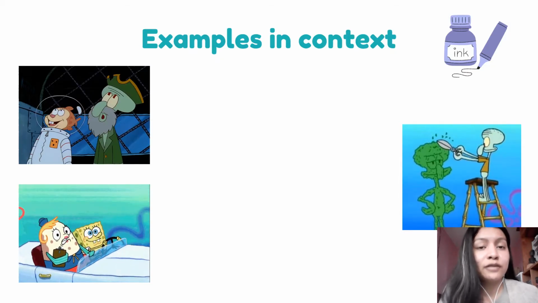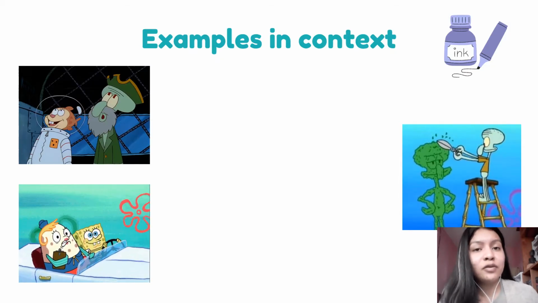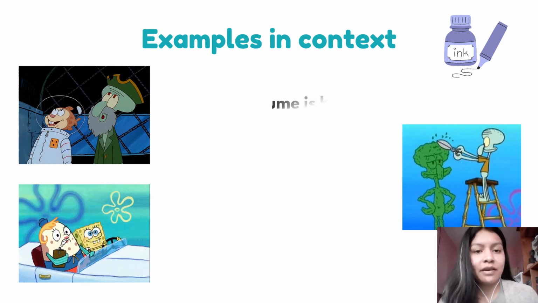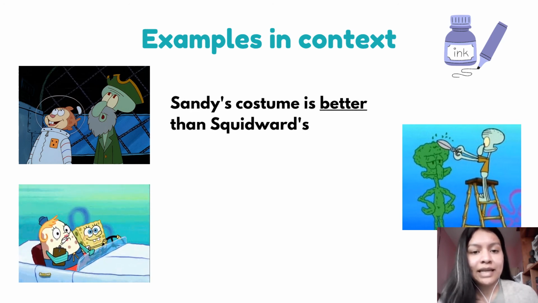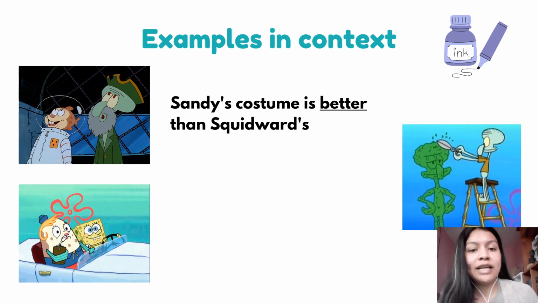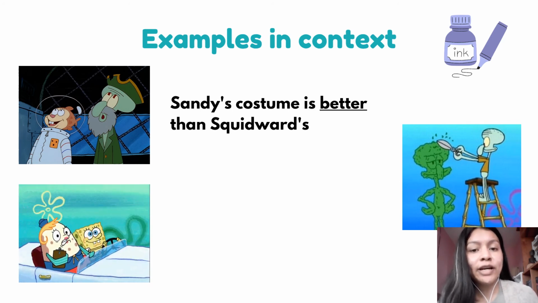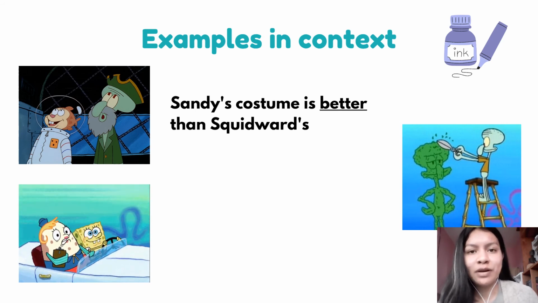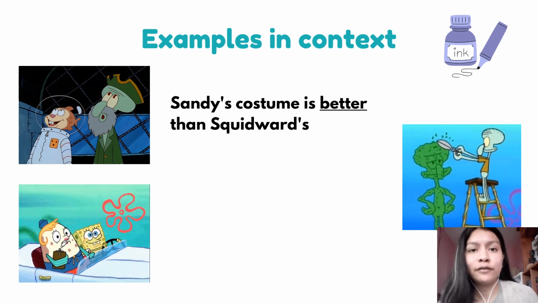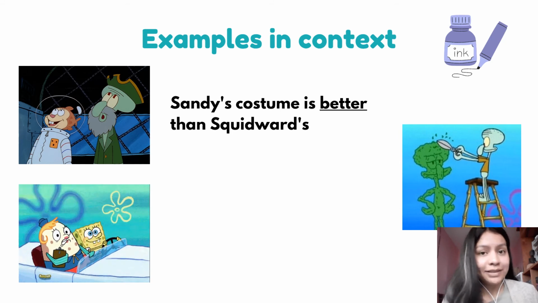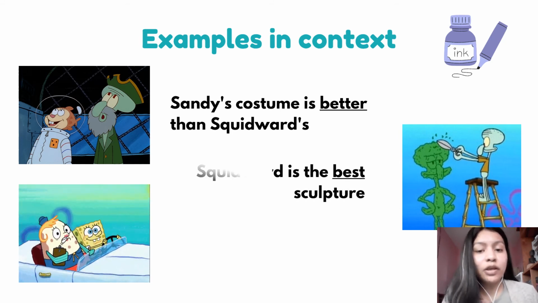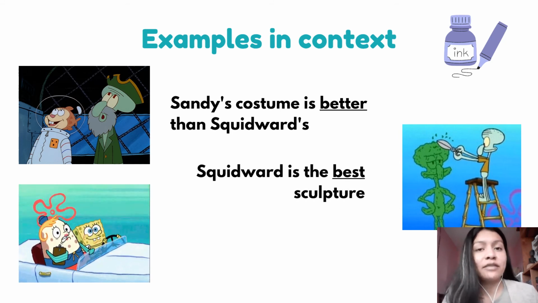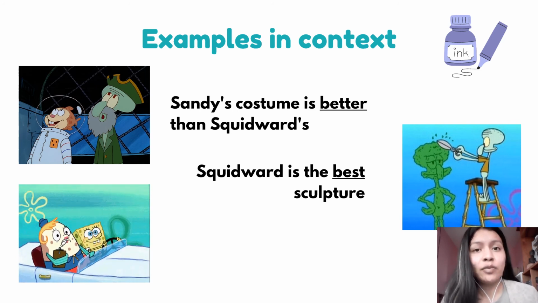There are some useful examples to understand the use of irregular adjectives. The first one is Sandy's costume is better than Squidward's. You can see we are using a comparative form of good, so we use better and not the ending of er. For the second sentence, we use also the adjective good but in its superlative form.